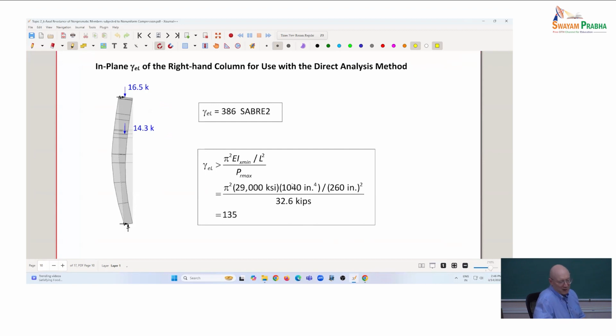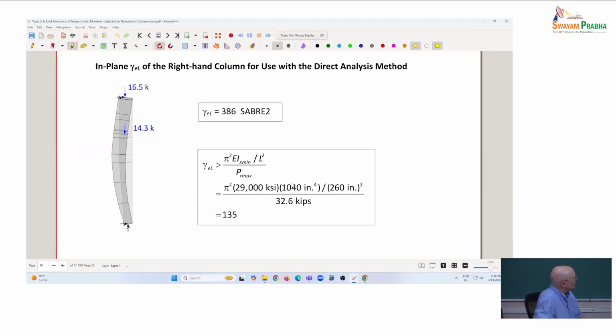If we look at what we've got here, this is basically showing things if we're using the direct analysis method, where if we're checking a given member for axial compression, the routine practice in direct analysis methods is let's just use simply supported end conditions for that member. So essentially K equals 1 if it were a prismatic member, or just simply supported conditions here on our non-prismatic member. So that's what I'm calling gamma EL.